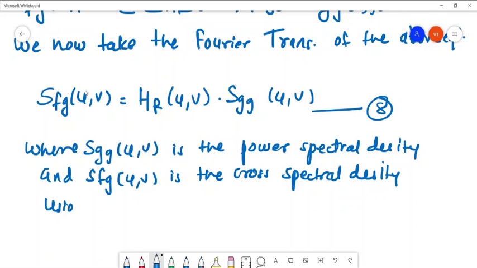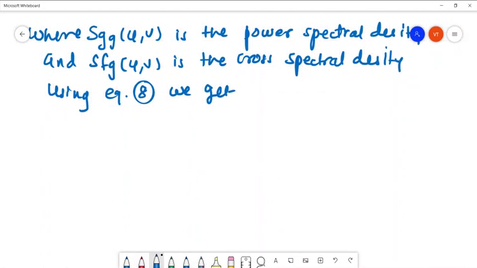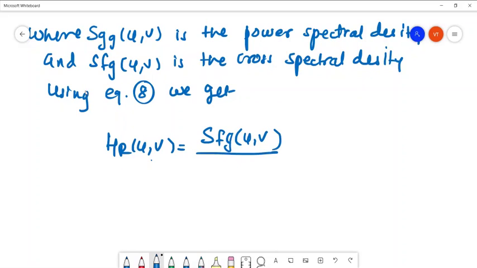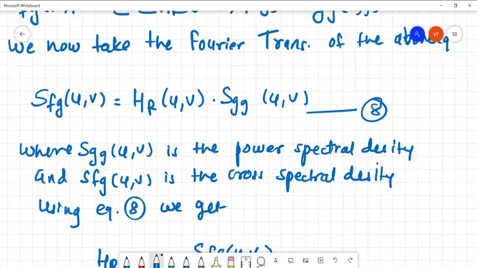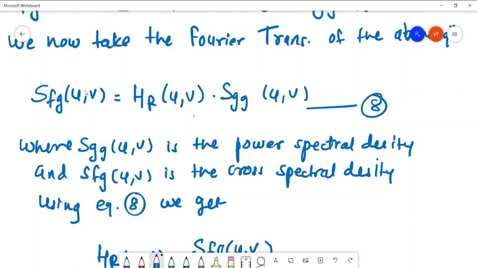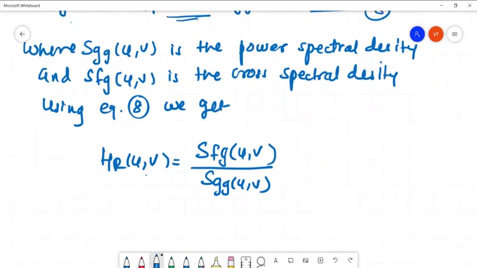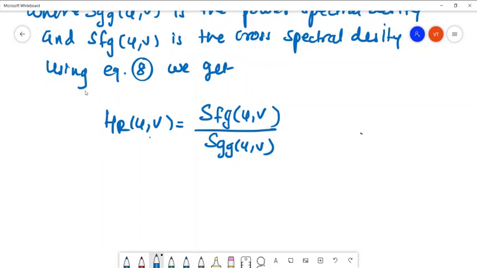So using equation number 8, what will we get here? We will get HR(u, v) equal to S_fg(u, v) upon S_gg(u, v). Okay, we are just rewriting it. This is equal to what? This will go here. So S_fg upon S_gg, right? Name this as equation number 9.